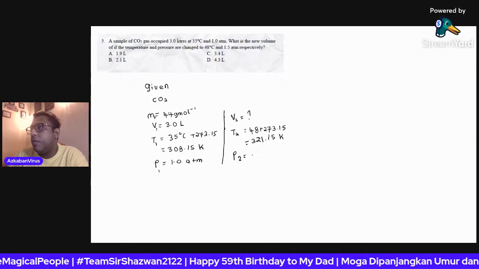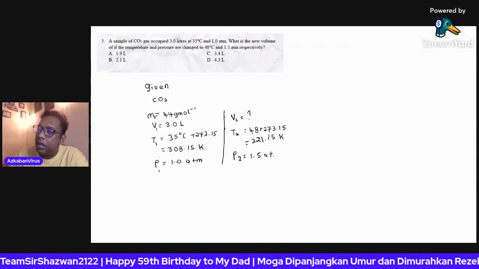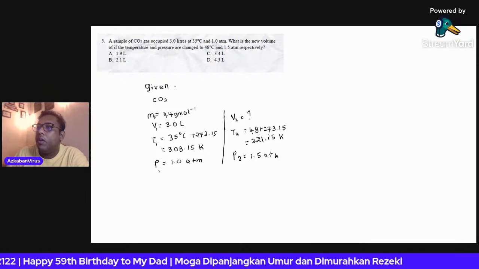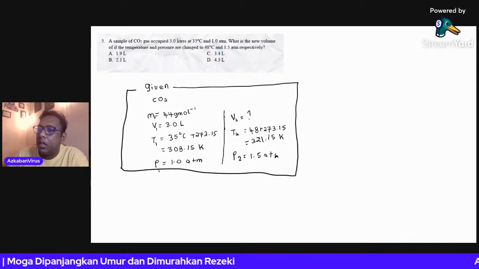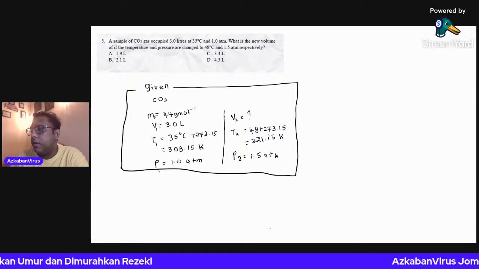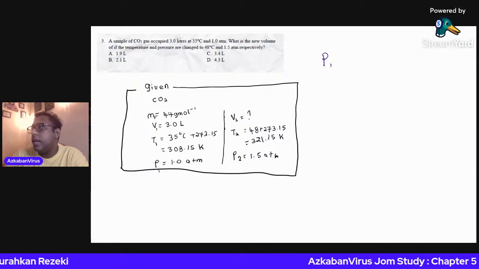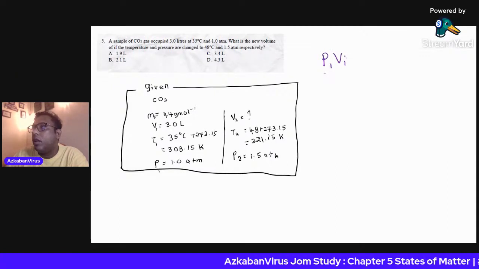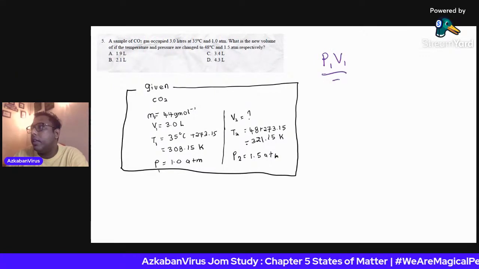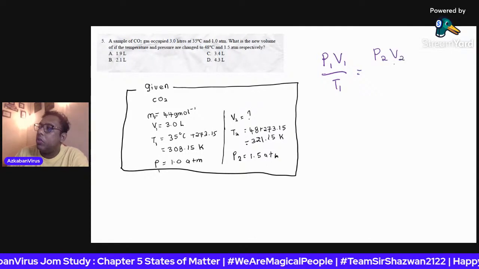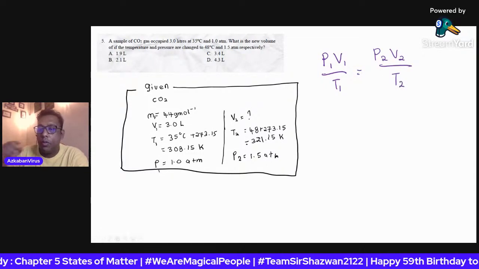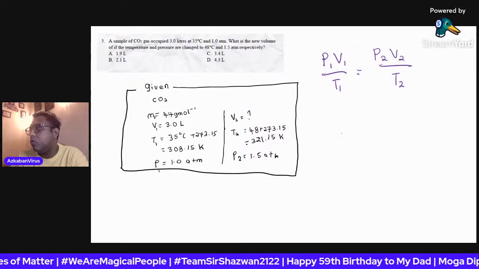And P2 kita adalah 1.5 atm. Okay, dia cari volume. So, macam mana nak cari ni? Kita tahu bahawa kita guna combine gas law, P1 V1 over T1 is equal to P2 V2 over T2. So, kita boleh cari V2.